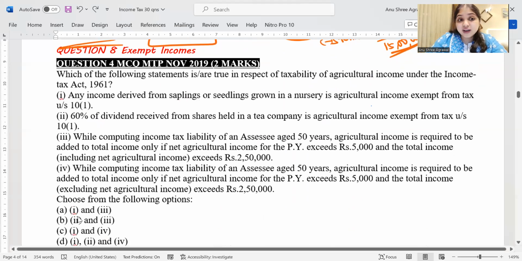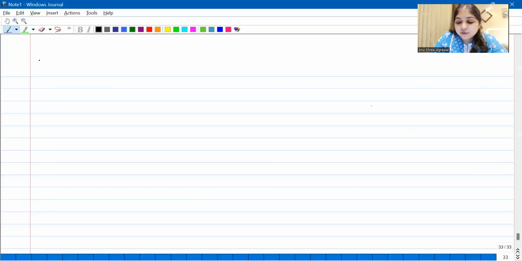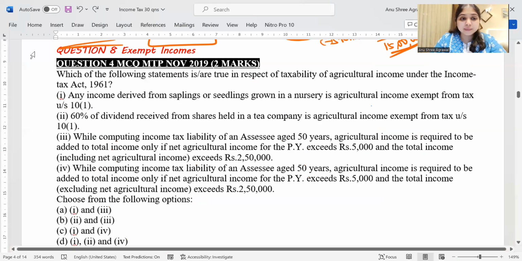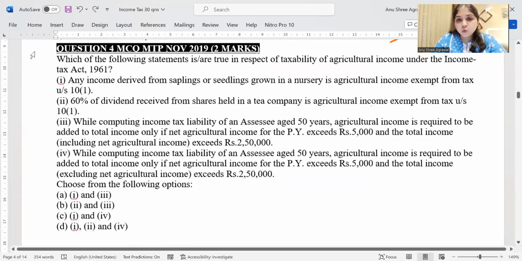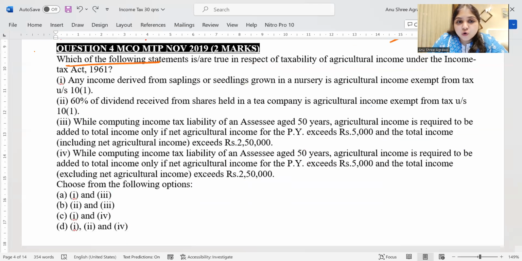Question number 8 is one more question from our exempt incomes chapter. This is an MCQ, but okay, look at this. Which of the following statements is true in respect of taxability of agricultural income under the Income Tax Act? They're asking us which of the statements is true. It is an MCQ question. Okay, now listen. Any income derived from saplings or seedlings grown in a nursery is agricultural income exempt from tax.